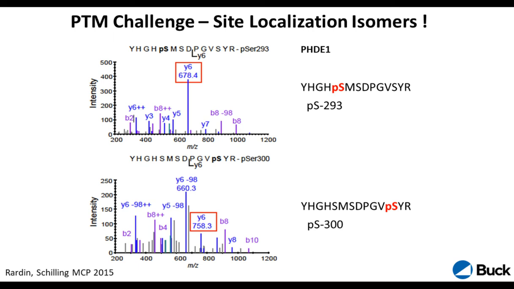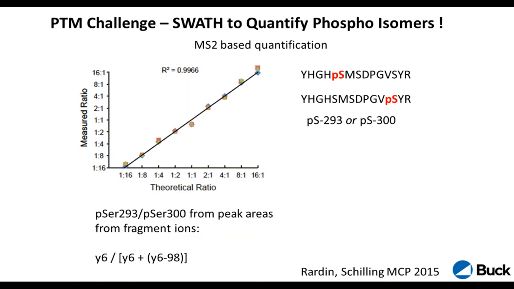So this is quite interesting and has become something important in our lab, and we have developed some algorithms to differentiate these isomers and to quantify them independently by choosing these ions that are specific for one or the other isoform. So we generated some synthetic peptides, these two peptides that I'm showing here, and mixed them in at different ratios as I'm showing you on the next slide, and then tried to see if we can get a linear signal when we measure this with mass spectrometry.